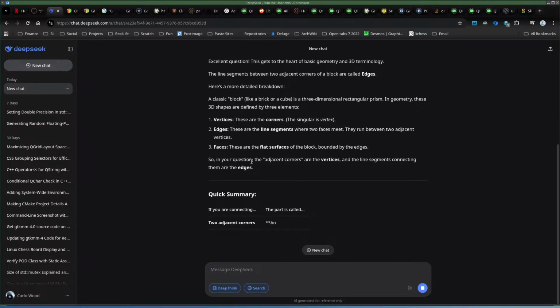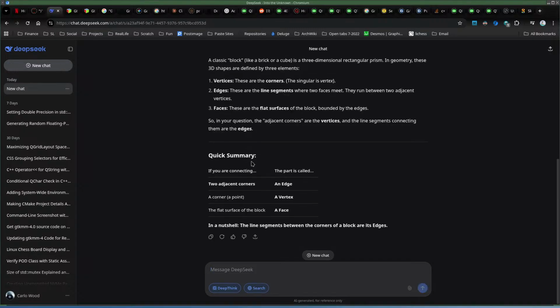Oh yeah, an edge. Yeah, we'll call them edges then. So a 3D block has 12 edges. And if you cut through that with a plane, how many intersections can you get?